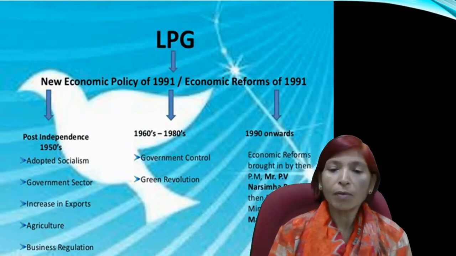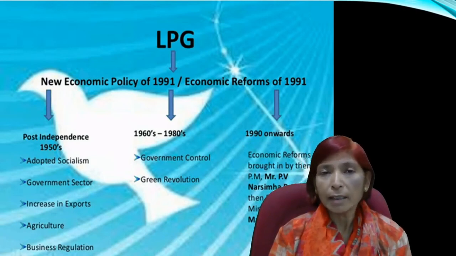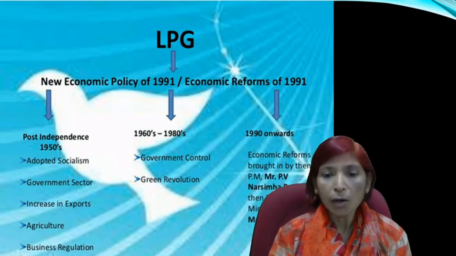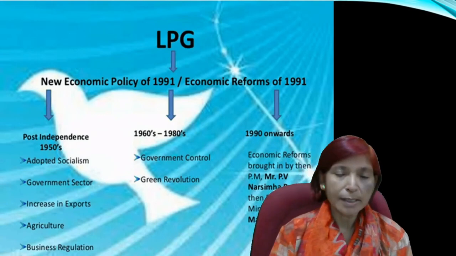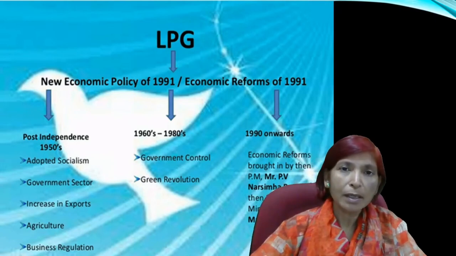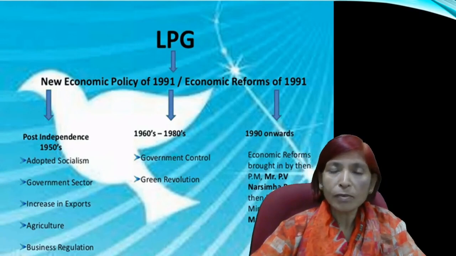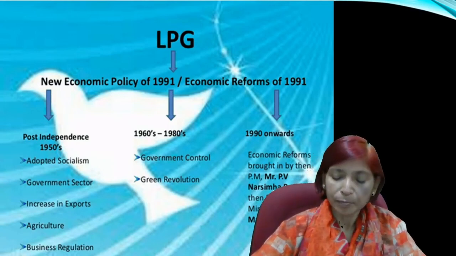From 1990 onwards, economic reforms were brought in. At that time, in 1991, the Prime Minister was P.V. Narasimha Rao and the Finance Minister was Dr. Manmohan Singh. As Finance Minister, Dr. Manmohan Singh adopted this new economic policy in which three main tools were used: liberalization, privatization, and globalization.